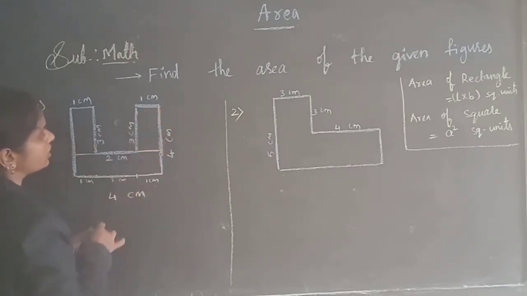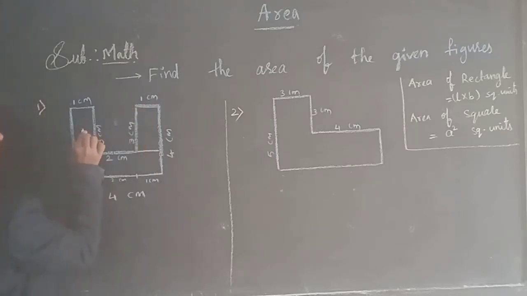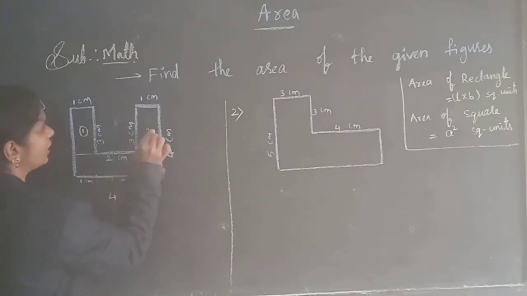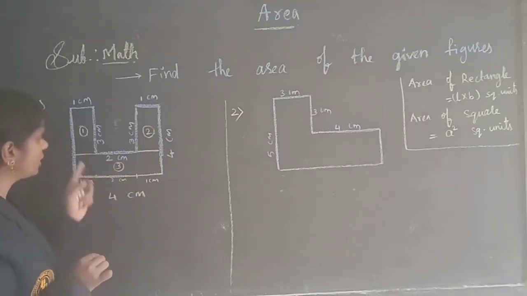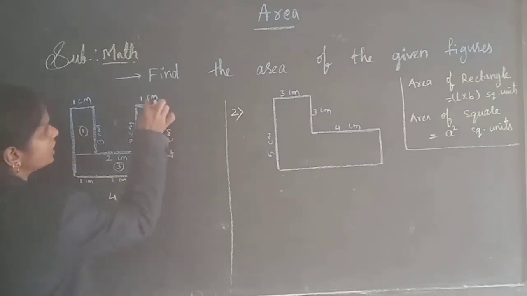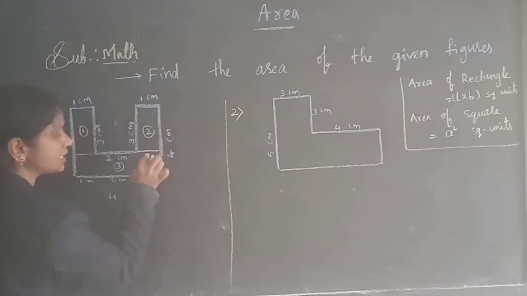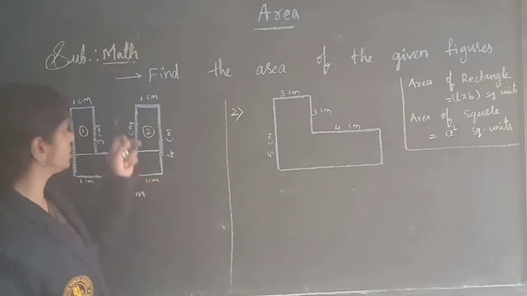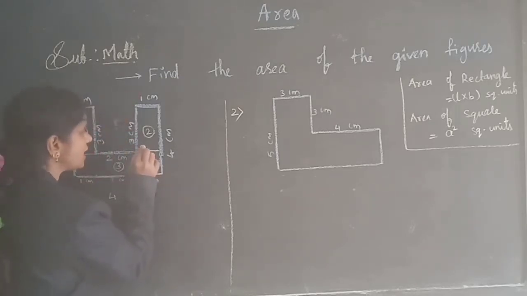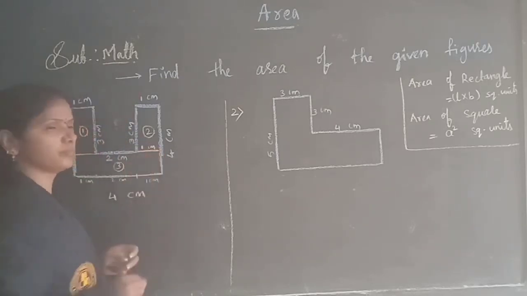Now here I can find one rectangle, here one rectangle, and here one rectangle, so total 3 rectangles are there. In a rectangle, opposite sides are equal. So here 1 centimeter means this side length also will be 1 centimeter.